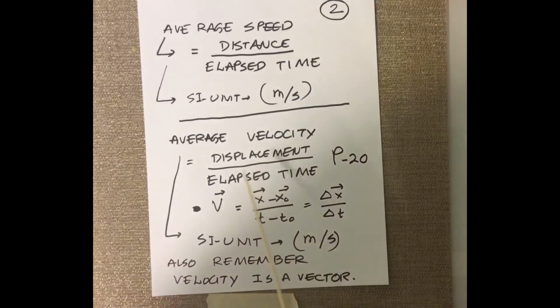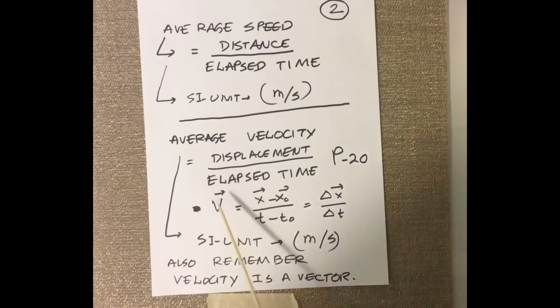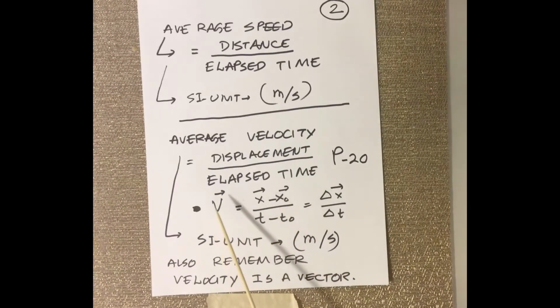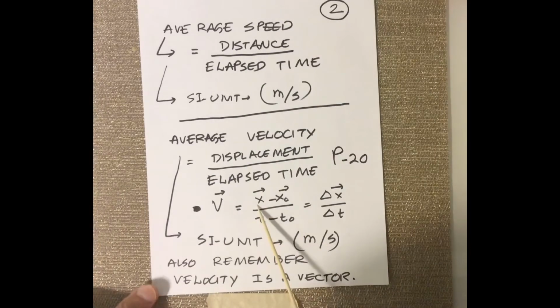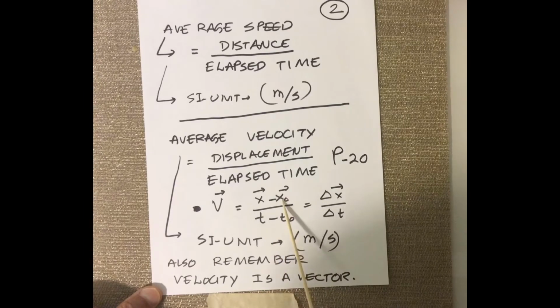So average velocity is displacement over elapsed time. So v is x vector take away x0 divided by t minus t0, delta x over delta t. Here x is your point where the object reaches after some time, which is t, but it starts from x0, at time t0, and reaches x at time t.